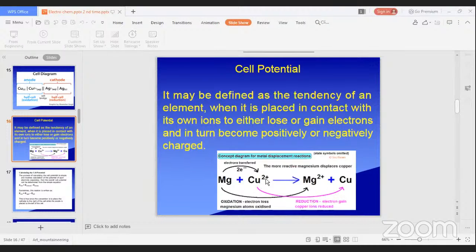Based on the nature of the electrode, it may undergo oxidation or reduction. If the process is oxidation, the corresponding potential is called the oxidation potential.